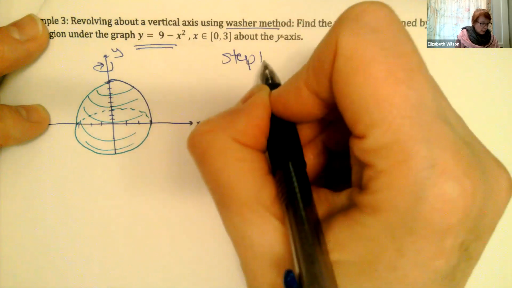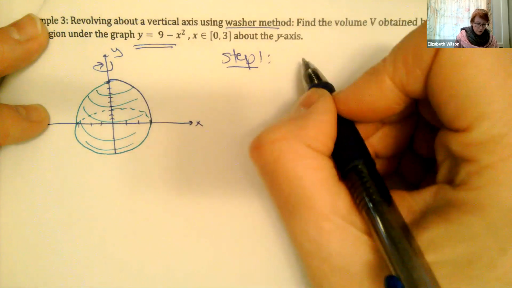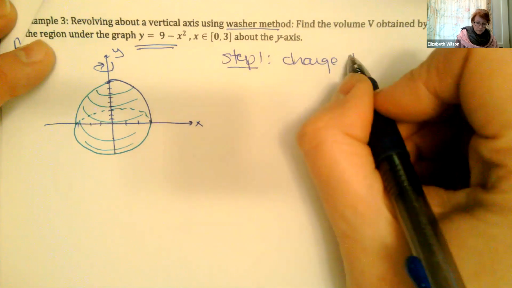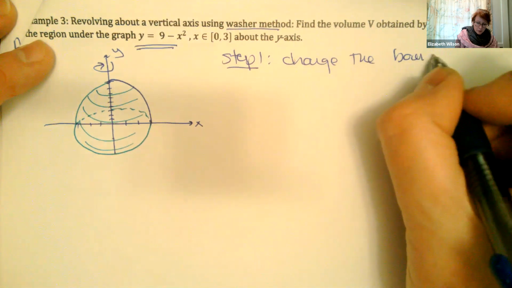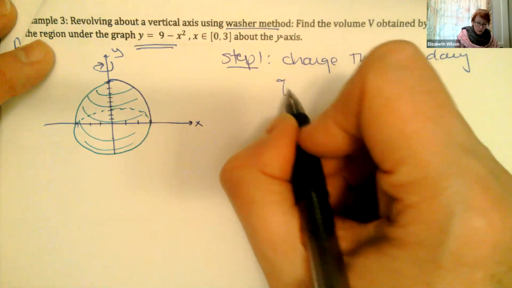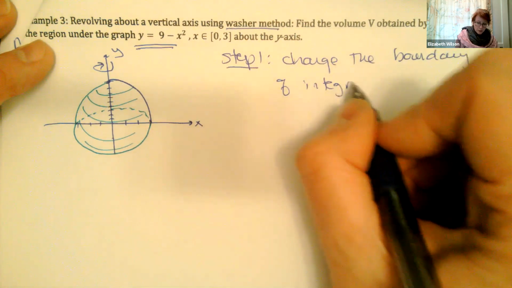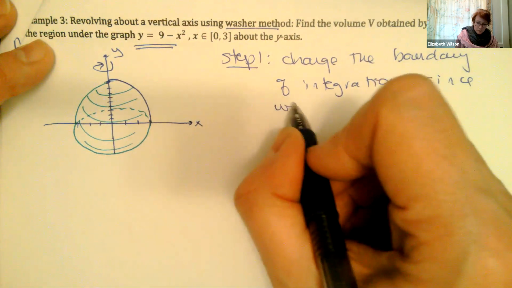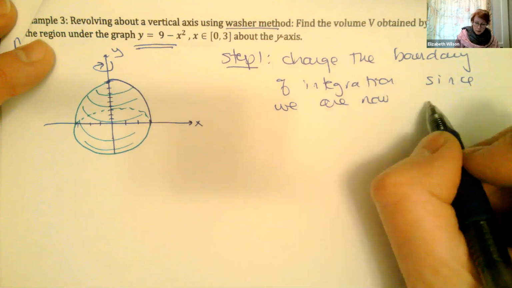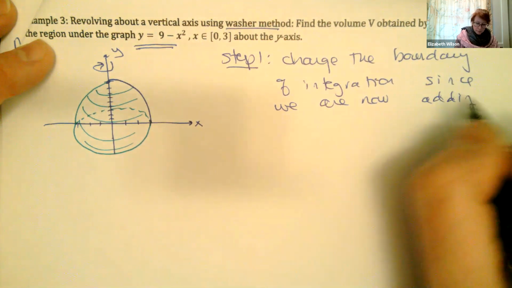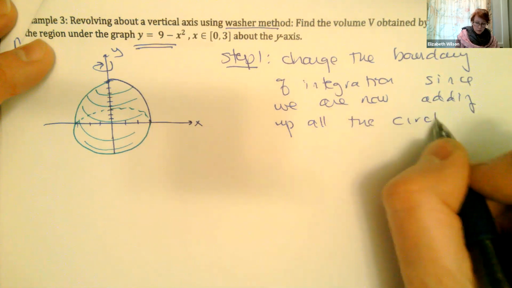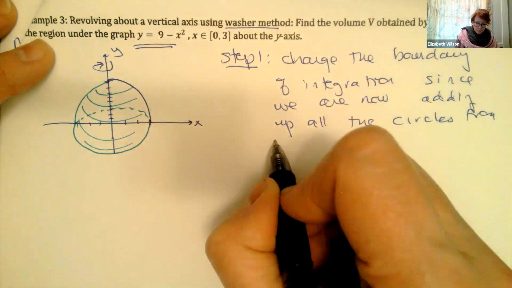The first step is I have to change the bounds of integration, since we are now adding up all the circles from bottom to top.